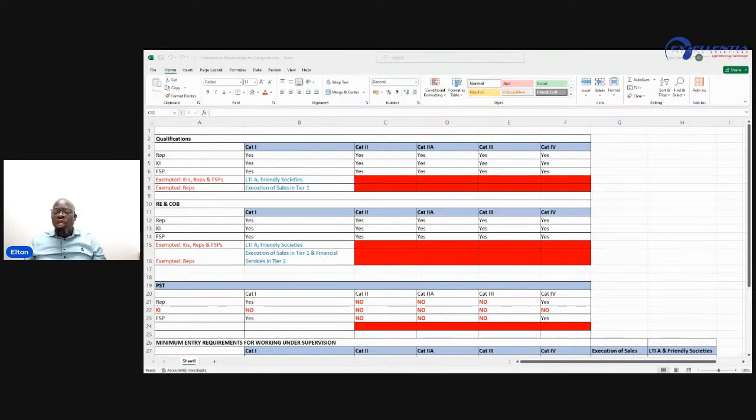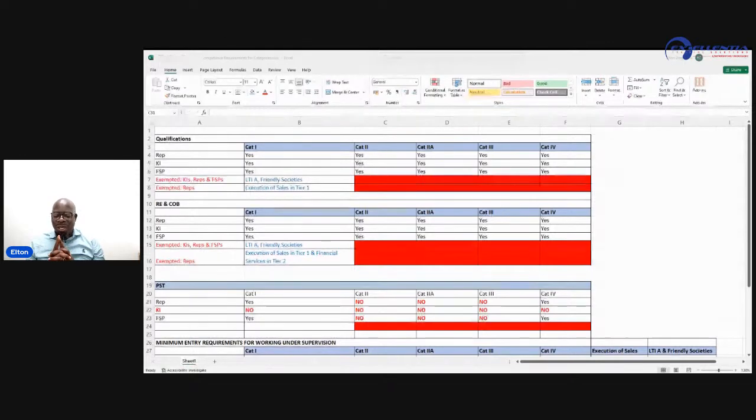You may also be aware, guys, that there are a number of people where you are, I mean, our friends who are in long-term A and in friendly societies, they're exempted from a number of things. Or maybe your tier 2 also is exempted from a number of things. But when it comes to product-specific training, those guys who are normally exempted are actually not exempted.